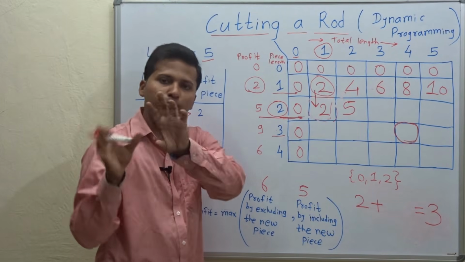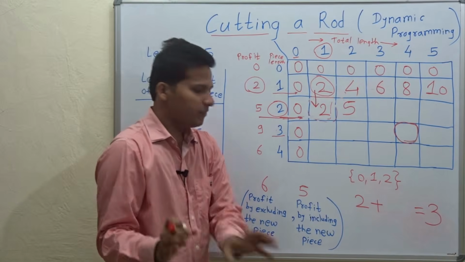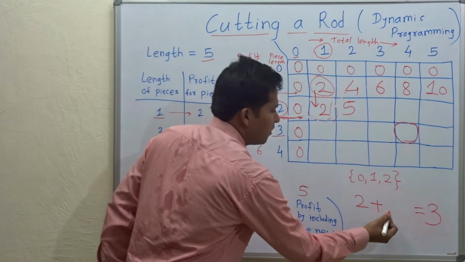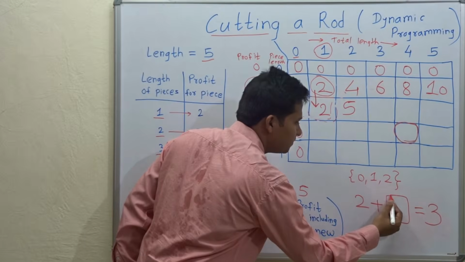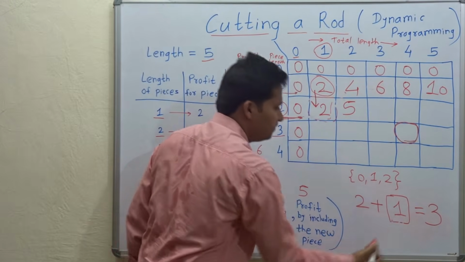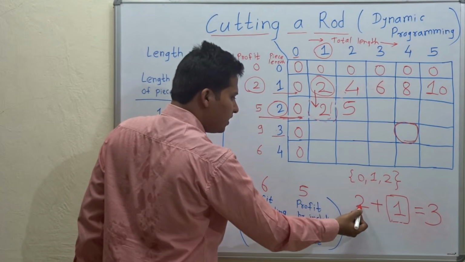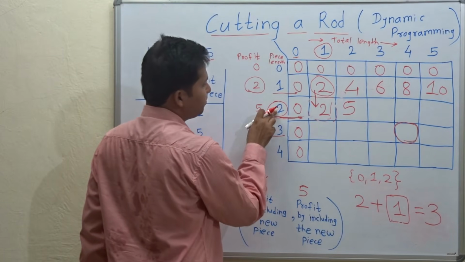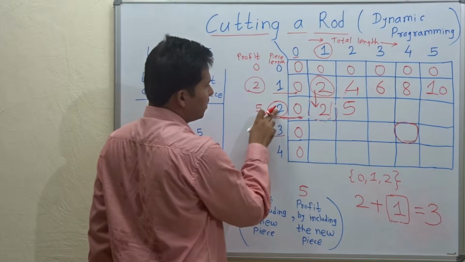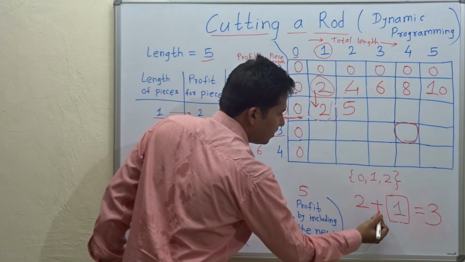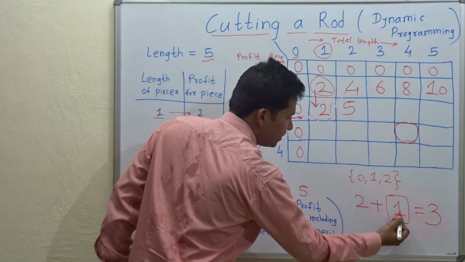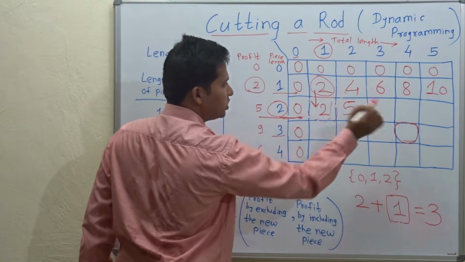See, I am saying in both words the same thing. So what is the remaining length? The remaining length is 1, right? So once you have included this piece of length 2, the remaining length is 1 to make a total of 3.